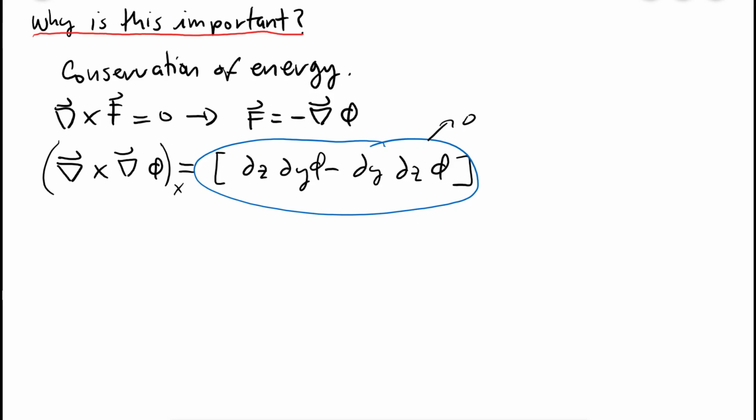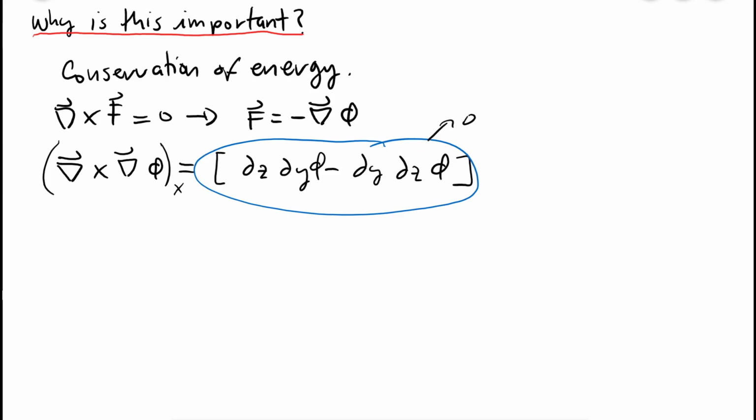But you can do the same for the y and z components, and notice that you will just get cross derivatives and flipped derivatives, if you will, and then all of these terms will go to 0, and will tell you that effectively the curl of the gradient of a function is of course 0.